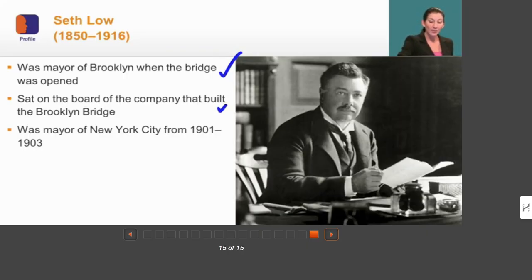He also sat on the board of the company that built the Brooklyn Bridge, so he was very involved in the process. Later on, he became mayor of New York City and remained mayor from 1901 to 1903. It's also important to know that he was president of Columbia College.